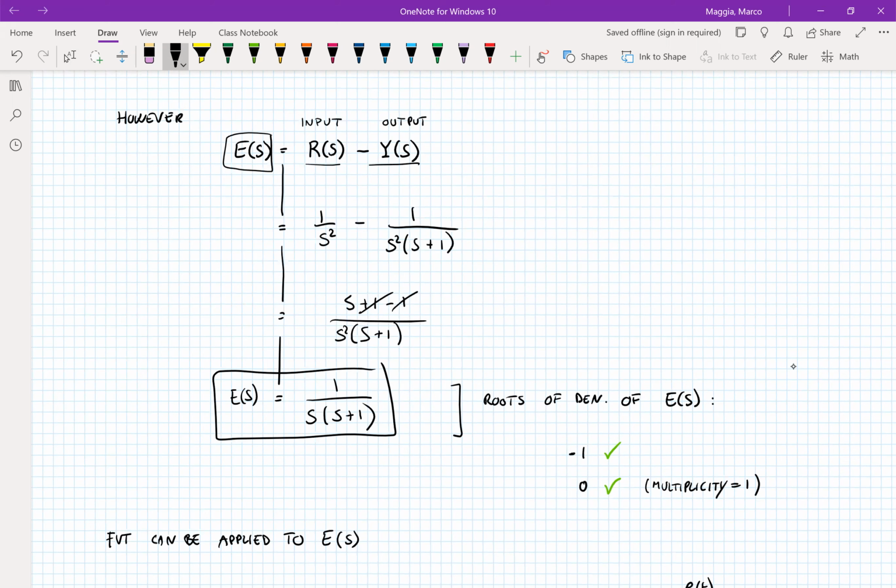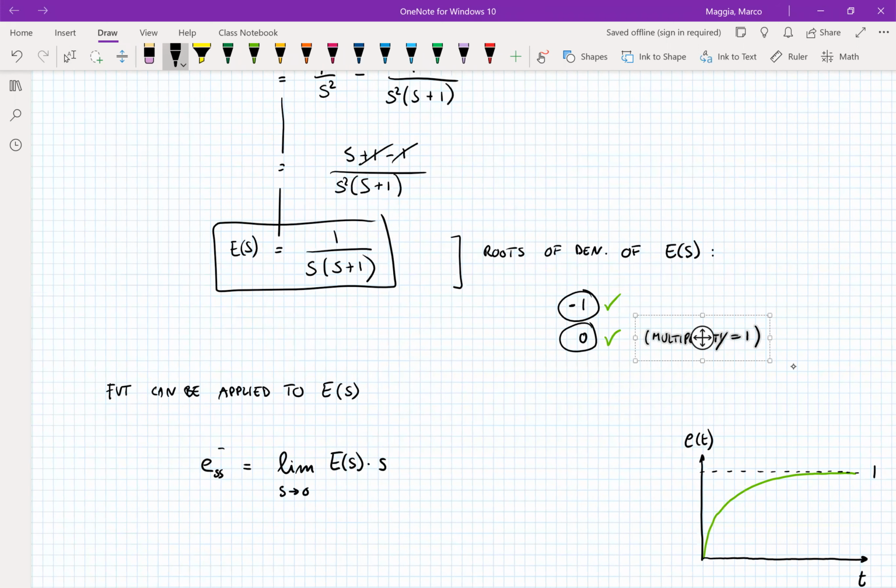Let's take a look at its poles. We have one pole at -1 and one pole at 0. What are the non-zero poles? It's just -1, a negative real number, so condition number 1 is met. And the other pole is equal to 0, but with multiplicity equal to 1. So the final value theorem can indeed be applied to the error function E(s).